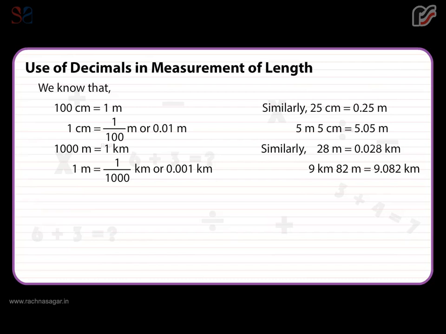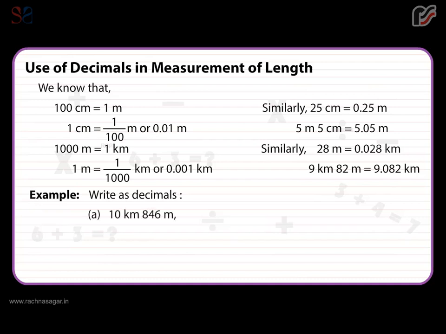Similarly, 25 centimeter is equal to 0.25 meter. 5 meter 5 centimeter is equal to 5.05 meter. Similarly, 28 meter is equal to 0.028 kilometer. 9 kilometer 82 meter is equal to 9.082 kilometer.